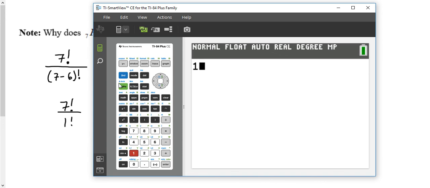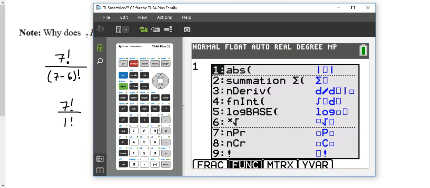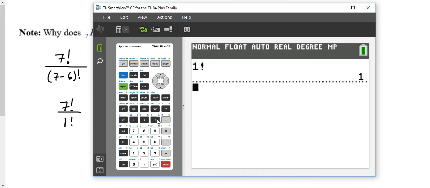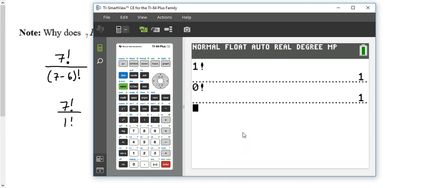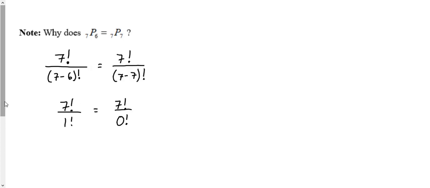So if you had 1 factorial, that's equal to 1. And if you had 0 factorial, they're both equal to 1. The question is, why is 0 factorial equal to 1? Well, even if you have 0 there, that's still considered one option. It's the option of 0, option of nothing. So basically, your denominators are 1 and 1.